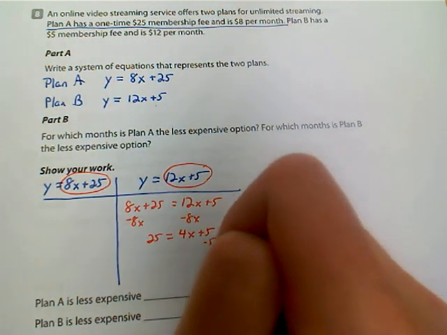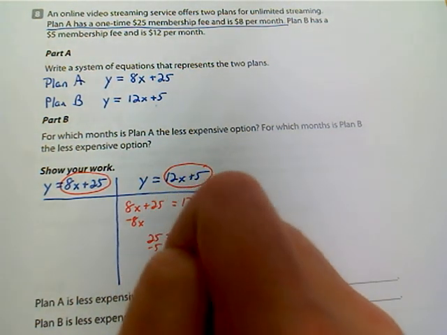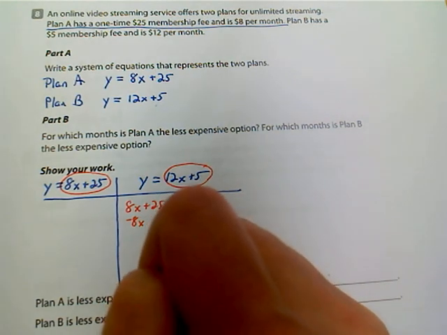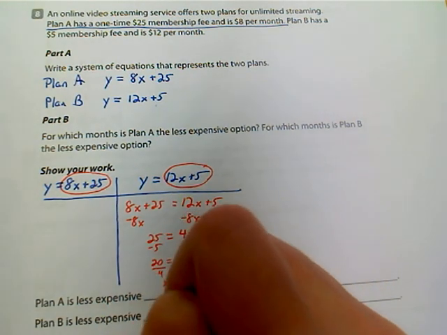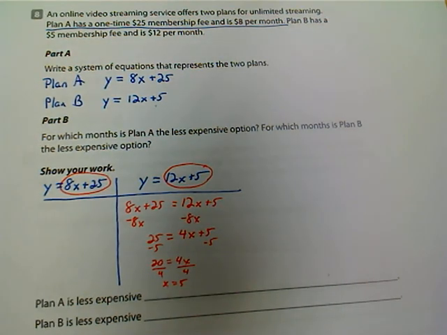Subtract 5. 20 equals 4x. Divide by 4. And you've got x equals 5. Well, x represents the number of months. Okay, so at 5 months, you've got the same amount of money.